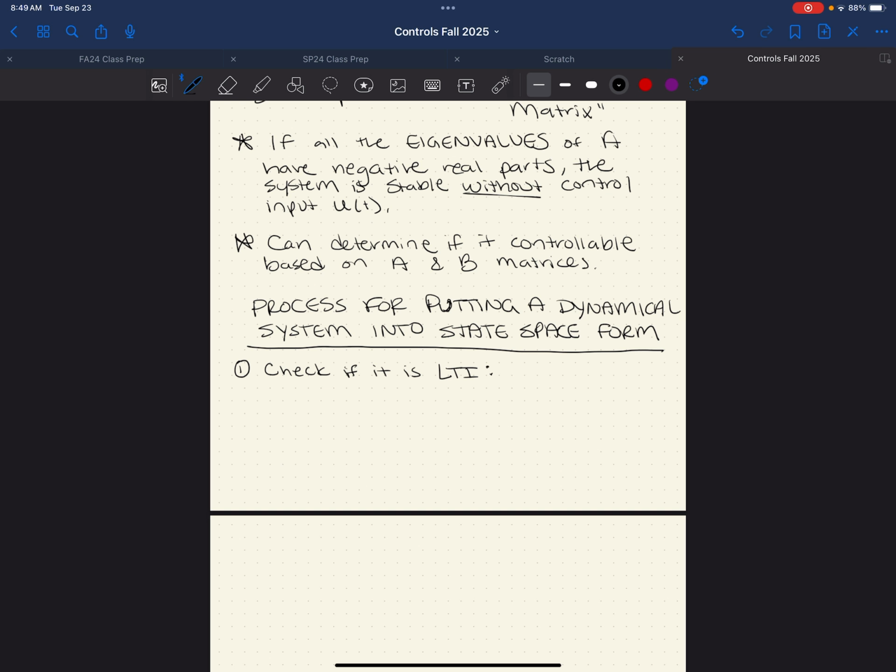In other words, we need to check that all your inputs and outputs and the derivatives of these are multiplied by constant coefficients.